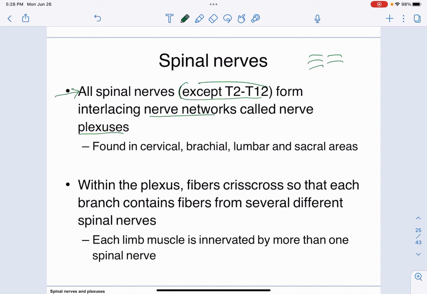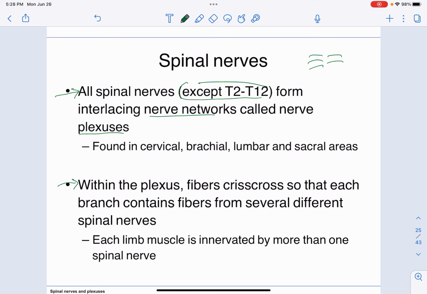And again, these are interlacing nerve networks that you're going to find in these regions, and I'll show you a picture. So within the plexus, there are fibers or axons that are crisscrossing over each other, so that each branch contains fibers from several different spinal nerves.